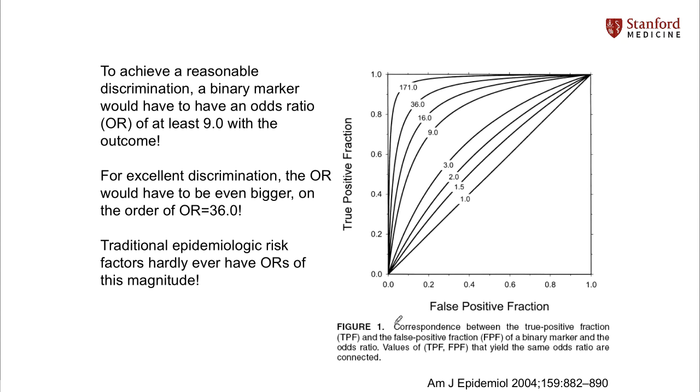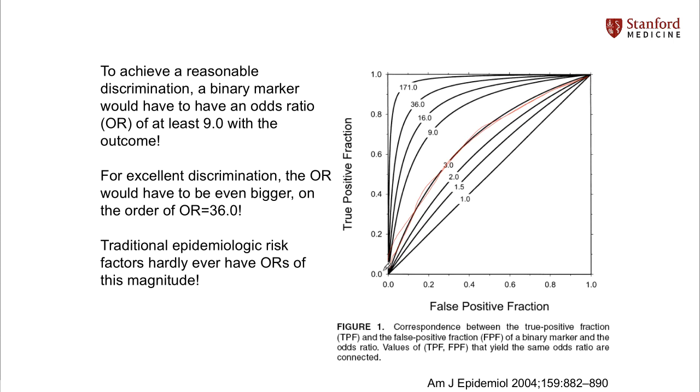Just to illustrate how much power you need to budge the C statistic, this is a simulation that shows what happens if you have one binary predictor. Imagine you're fitting a logistic regression model with one binary predictor. If the association between that predictor and the outcome corresponds to an odds ratio of about 3, your area under the ROC curve is actually not going to be that good, even though that's a pretty strong association.